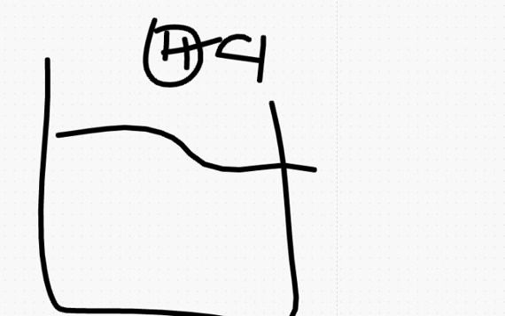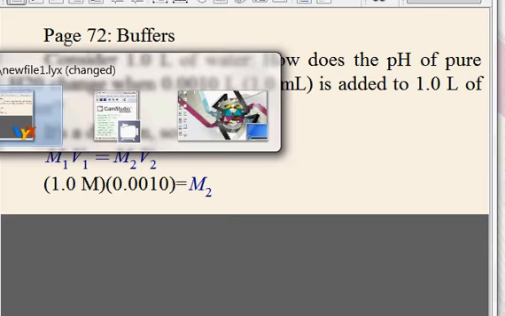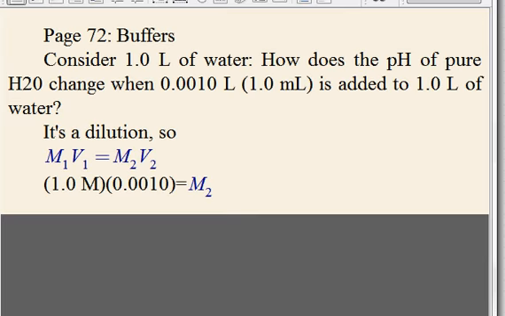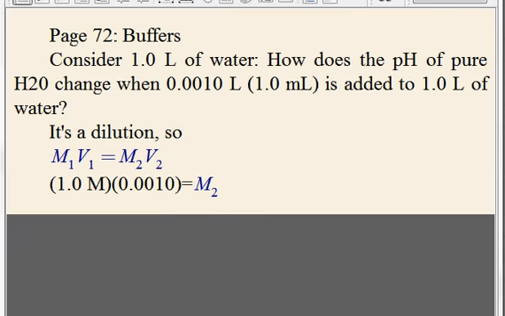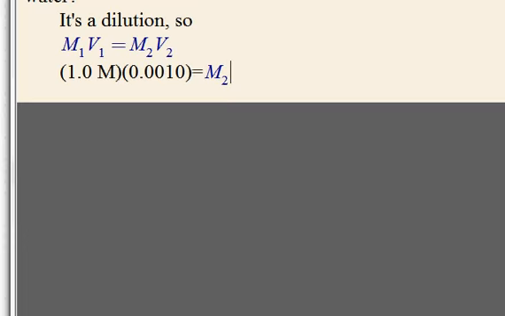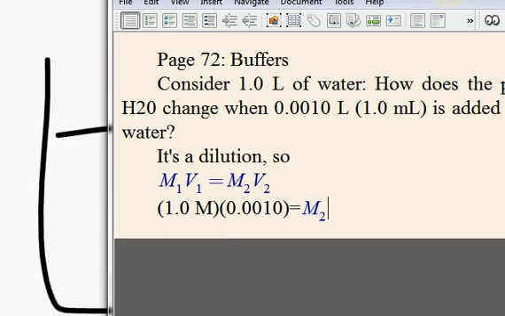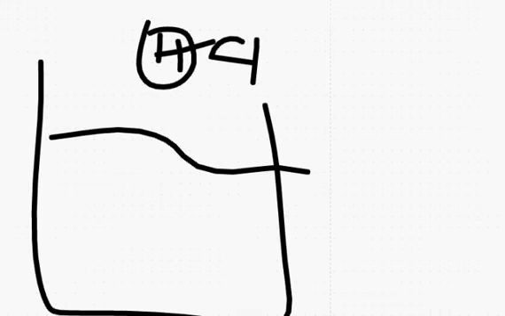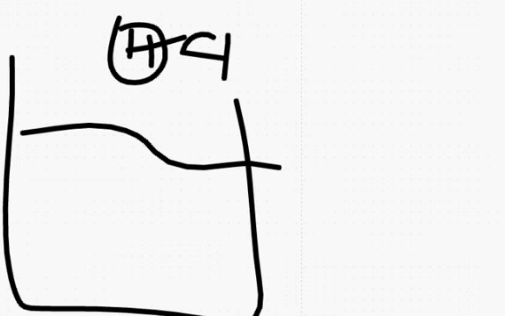So the left side of the equation, the M1 V1, is that describing the little bit of HCl or the beaker or both? The HCl. Okay, so the right side of the equation is after they're mixed. So that's not the situation anymore.